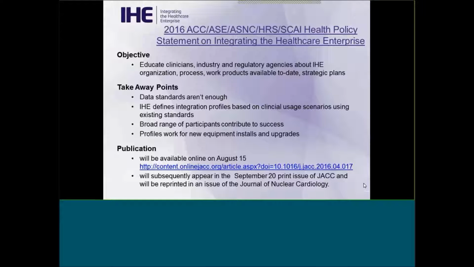So I'm proud to have been associated with a 2016 health policy statement that was started by the ACC and endorsed by the American Society of Echocardiography, the American Society of Nuclear Cardiology, the Heart Rhythm Society, and the Society for Cardiac Angiography and Intervention. It's a statement in support of Integrating the Healthcare Enterprise. We had several objectives, and I have to thank Paul for spearheading this.